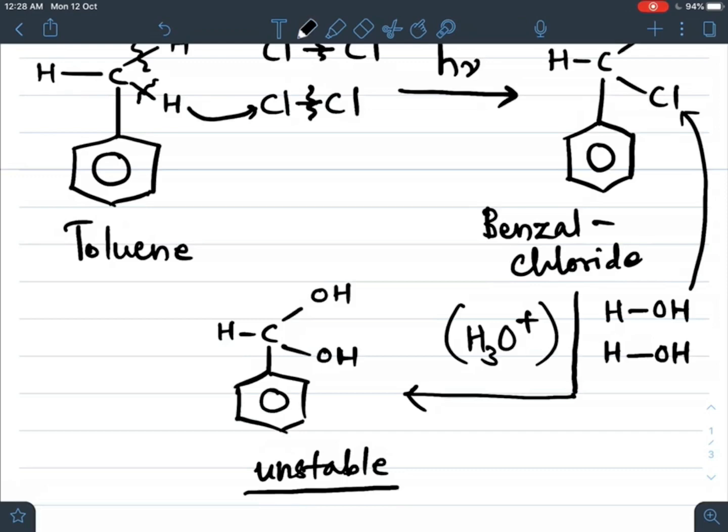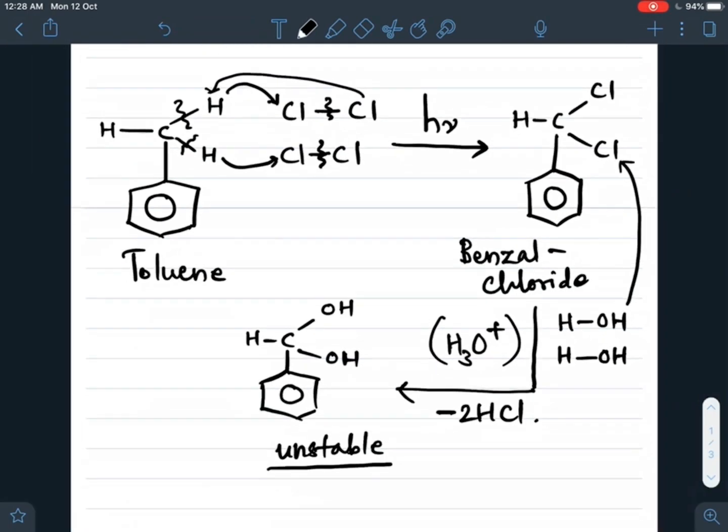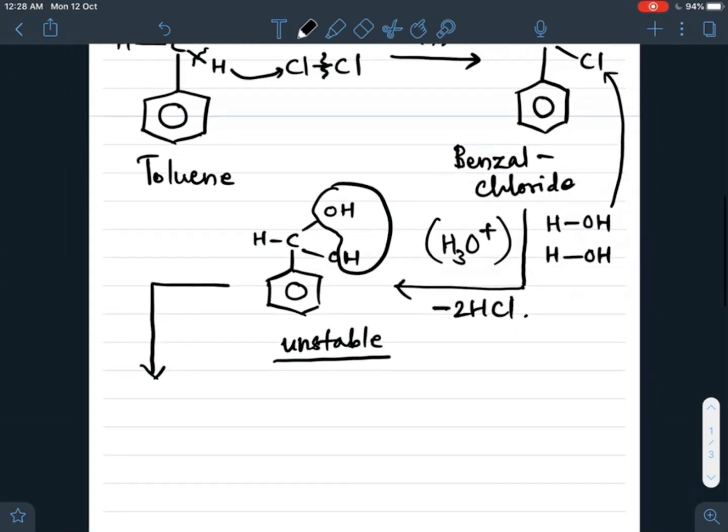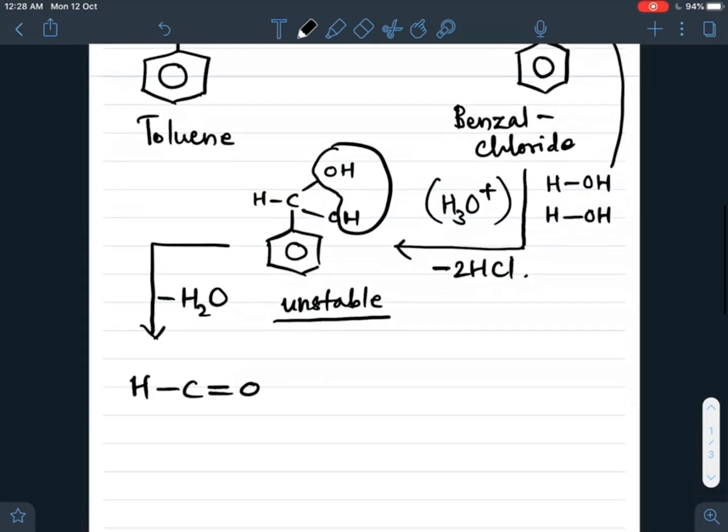So by the replacement of HCl twice, this reaction finally gives the unstable dihydroxy compound. To become stable, removal of H2O takes place, so I can write minus H2O, and finally this CH(OH) twice group is converted into a CHO group. So this is CH as it is, double bond O, attached to the benzene ring.